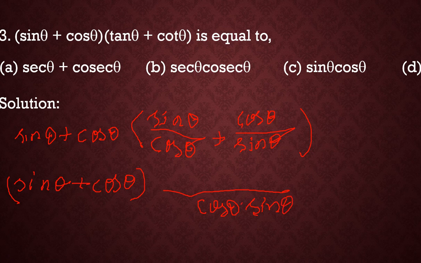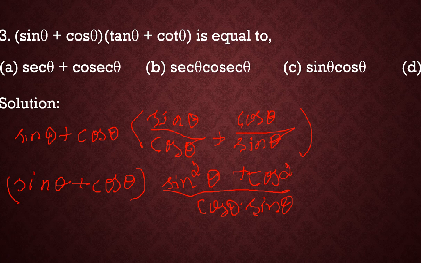So if you multiply for the common denominator here, already cos theta is there, so you have to multiply by sin theta. Sin theta into sin theta is sin square theta. Similarly, already sin theta is there, so multiply by cos theta, so you will get cos square theta.